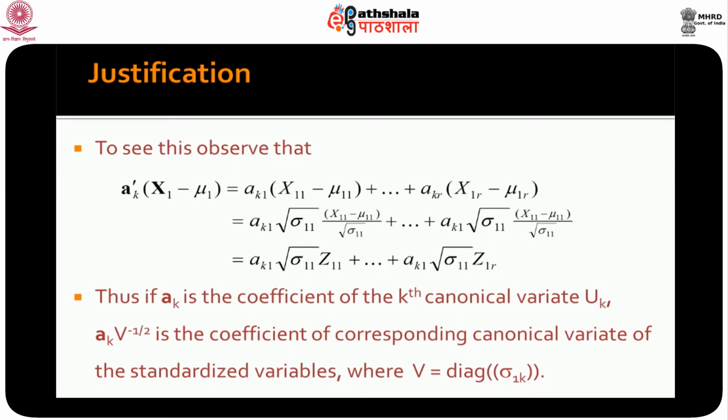It is basically a diagonal matrix with the diagonal elements equal to root sigma 11, root sigma 22, etc., up to root sigma rr. If you multiply a by this, we get to the new canonical variables for the standardized variables. So, we can go from one to the other, just changing the canonical variables, but without having any effect on the canonical correlation itself.